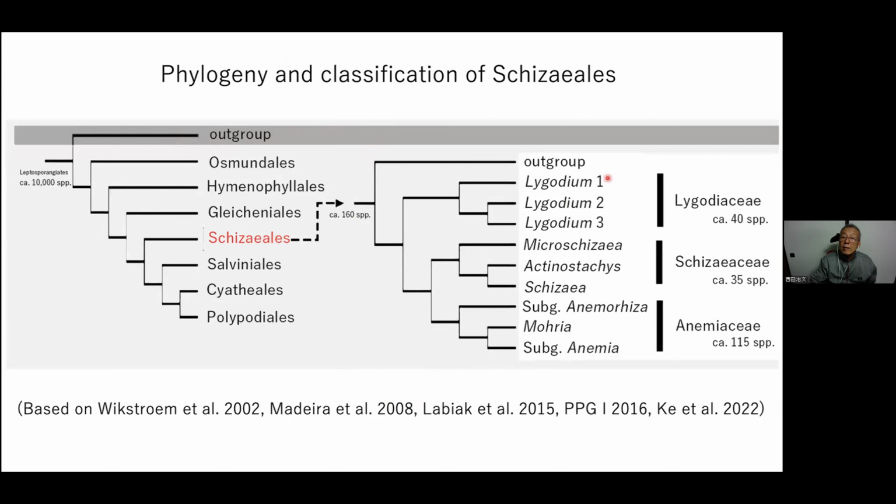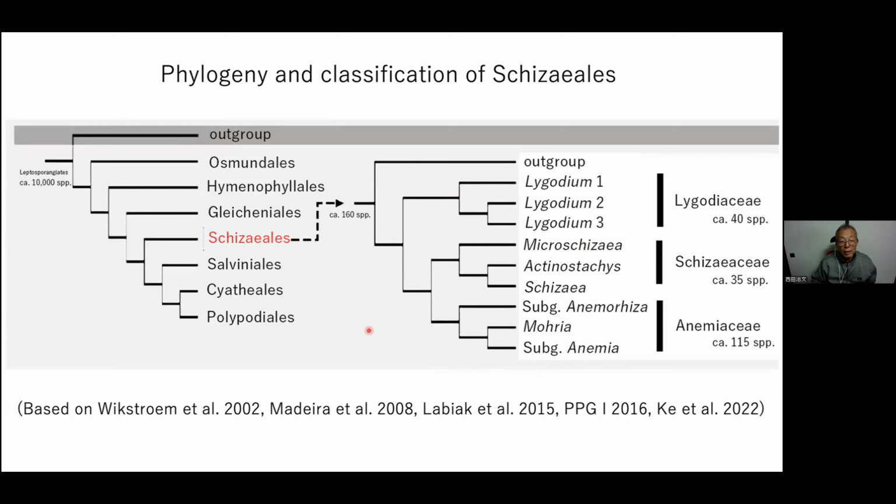And it is typical that there are three groups: one with the Lygodiaceae group, the second one, the Schizaeaceae group, and the Anemiaceae group. So the three families, Lygodiaceae, Schizaeaceae, and Anemiaceae, are well defined using the molecular data as well as the morphological data, as I explained earlier.